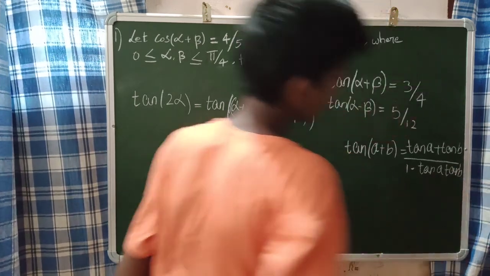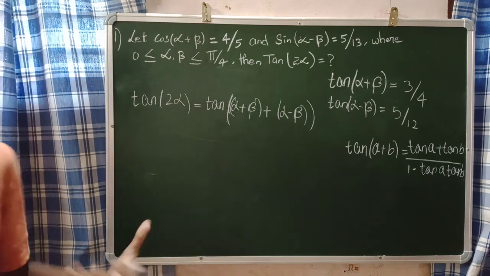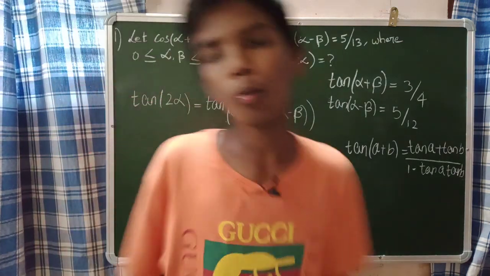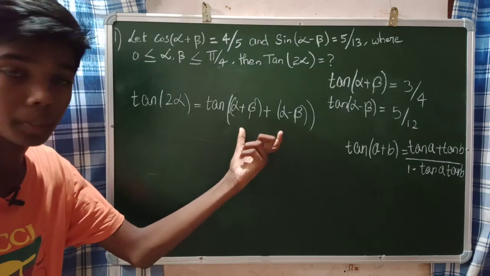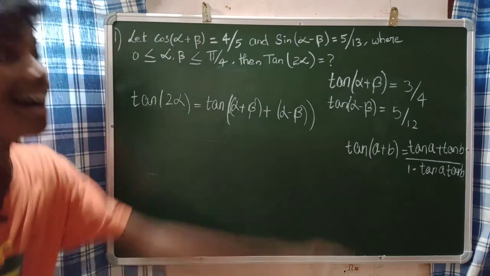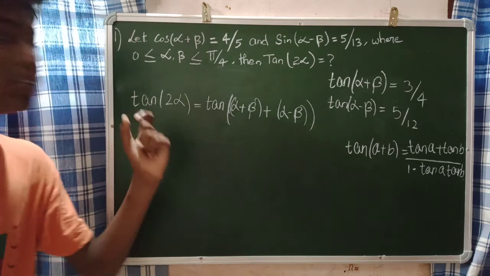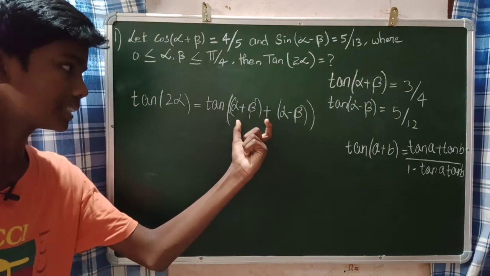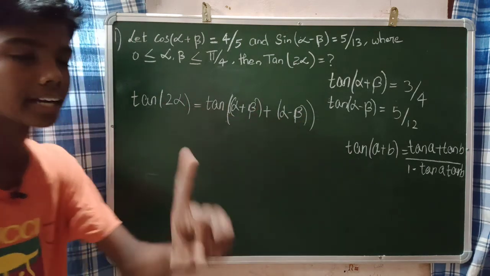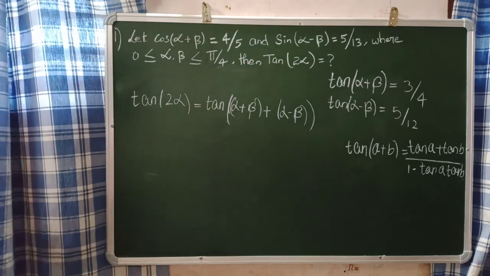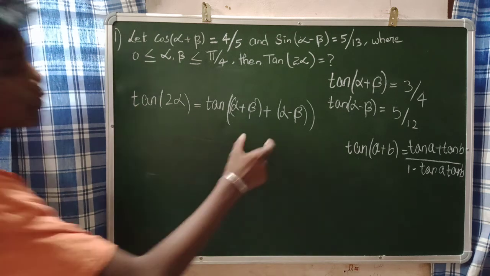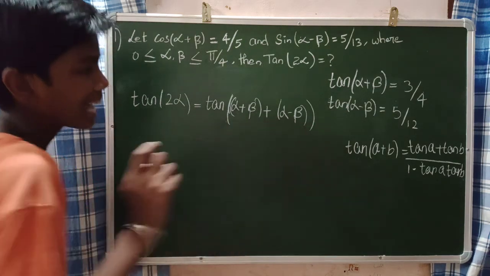So here your A value is alpha plus beta and B value is alpha minus beta, and that is the reason why I took this expression as one particular term and that expression as another. I hope you guys understand the reason. So here A is alpha plus beta and B is alpha minus beta.